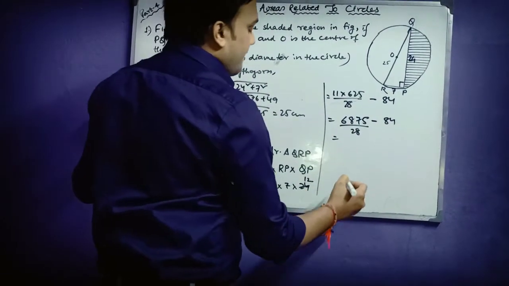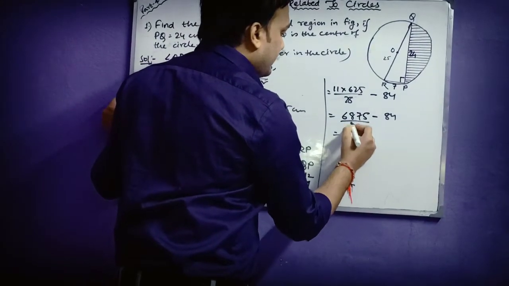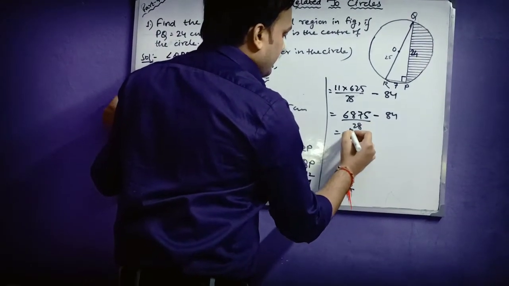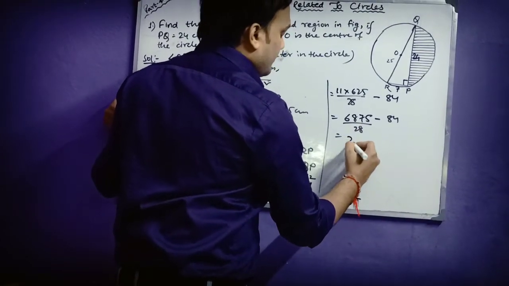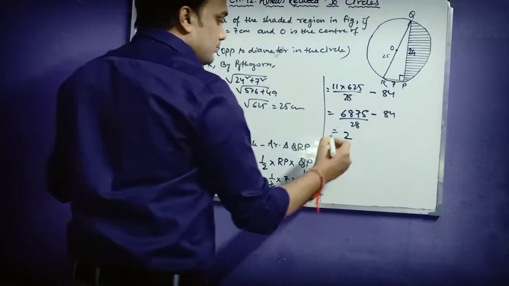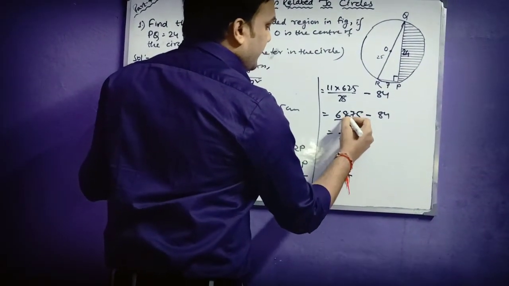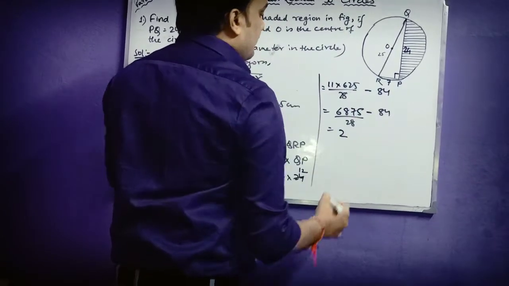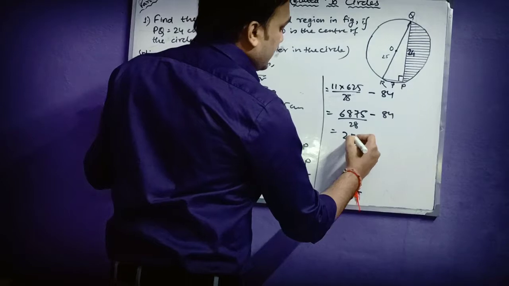Now let us divide this. 28 2s are 56, then 127, and 28 4s are 112.